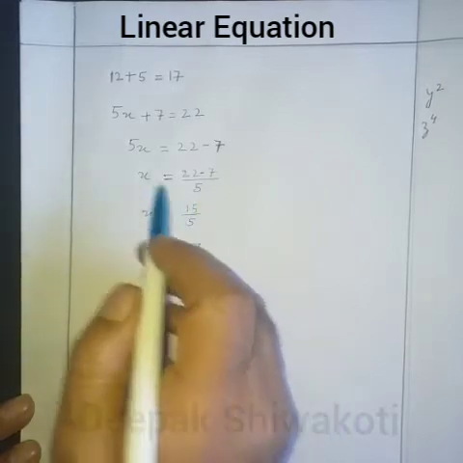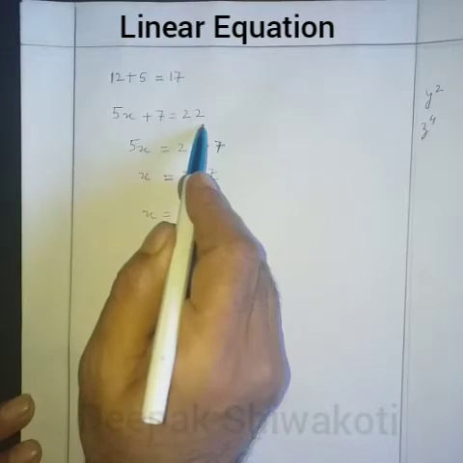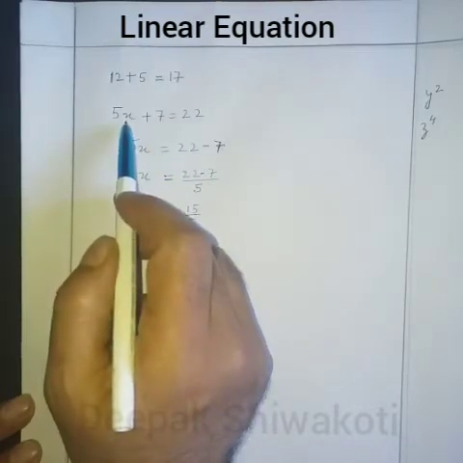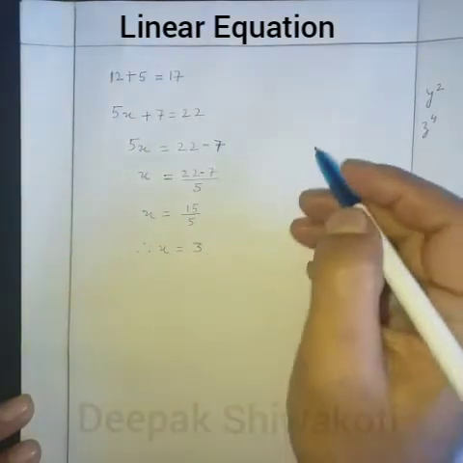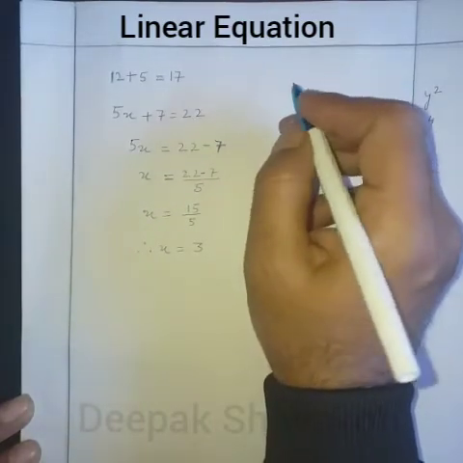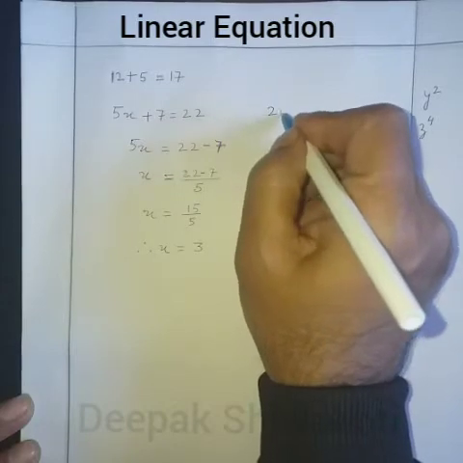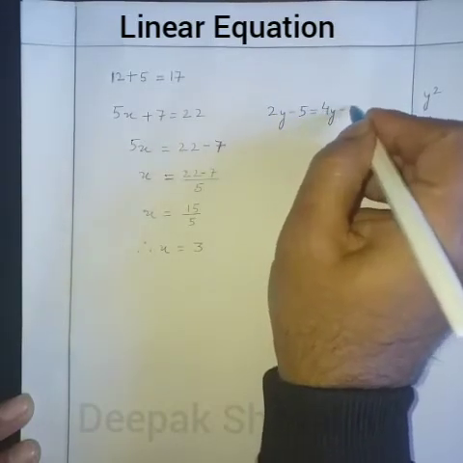So this kind of mathematical information is called a linear equation, where a variable is there and the power is 1. A lot of examples we can write as linear equations, like 2y minus 5 is equal to 4y minus 9.